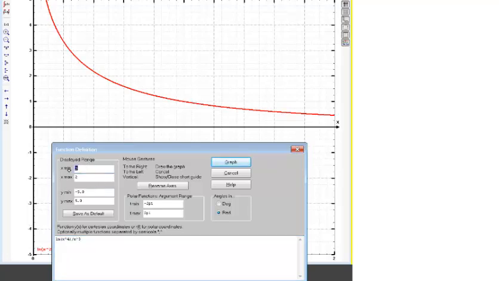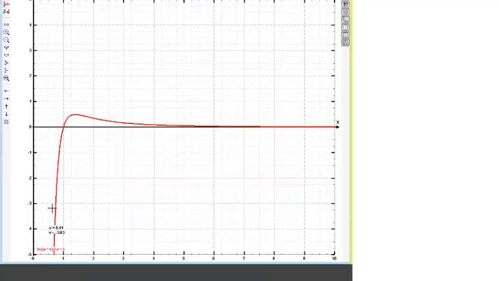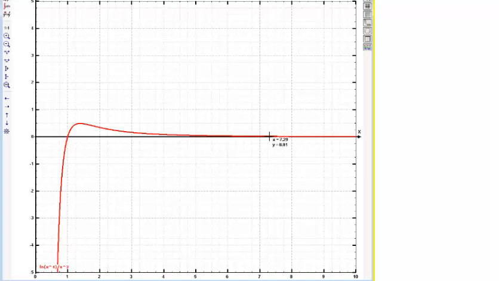And the limits, I'm going to increase the limits. We'll start with 0, but we'll go up to 10 just so we can get some distance. And if we graph it, you can see that as we go out to infinity, we do approach 0 as far as the function is concerned. So that's it.